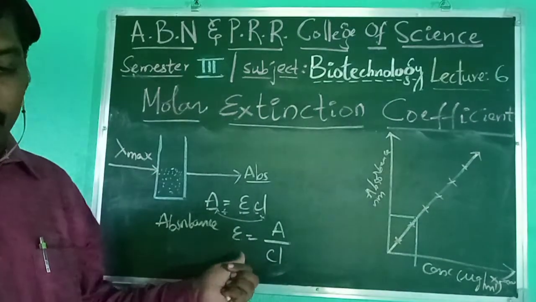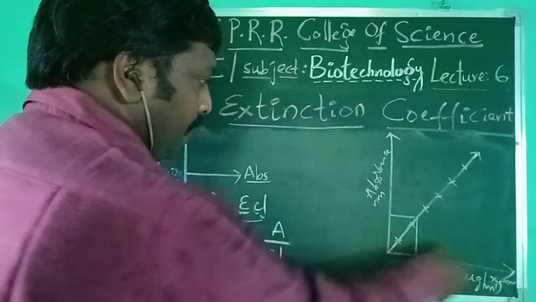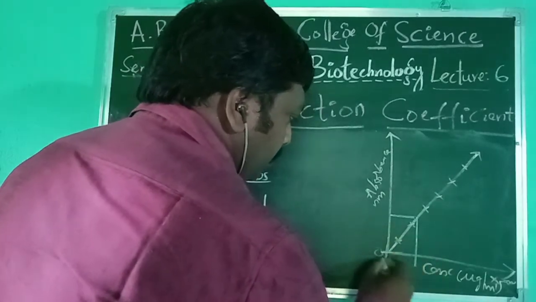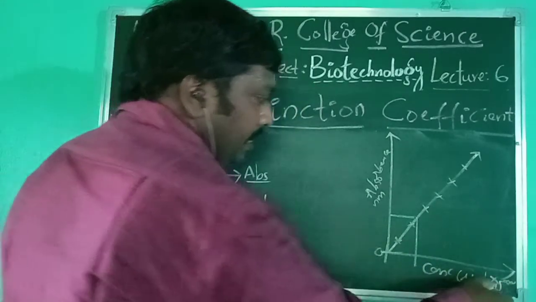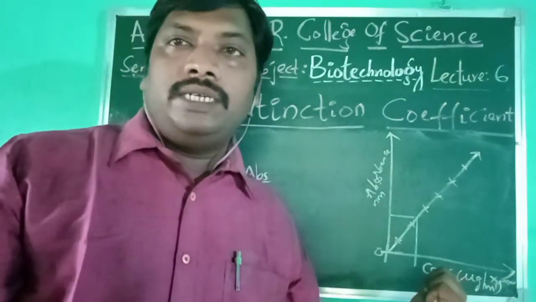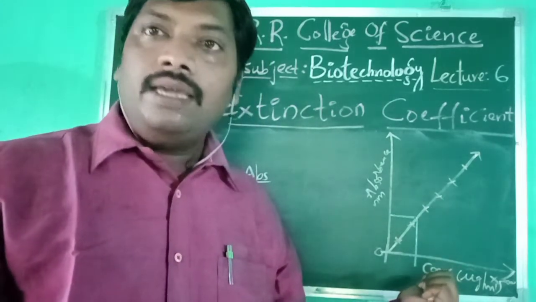Here the path length is taken from the standard plot or standard graph. In this standard curve, the x-axis contains the concentration of the compounds we take, whether for estimation of protein, DNA, or RNA samples.